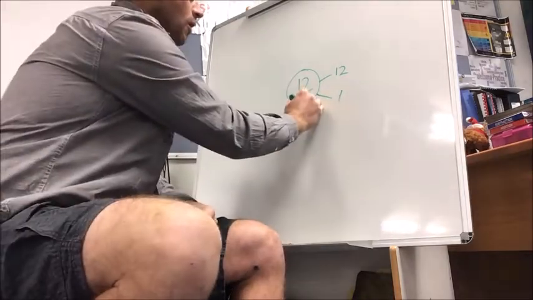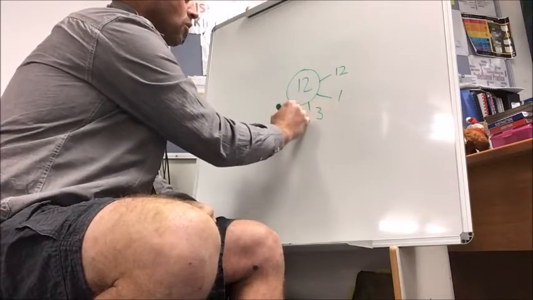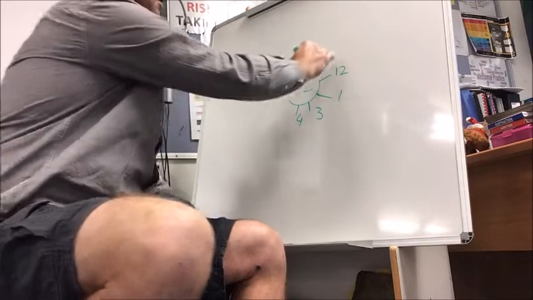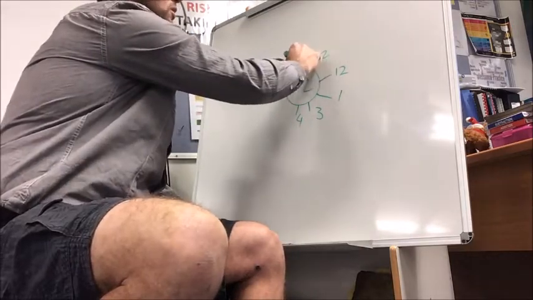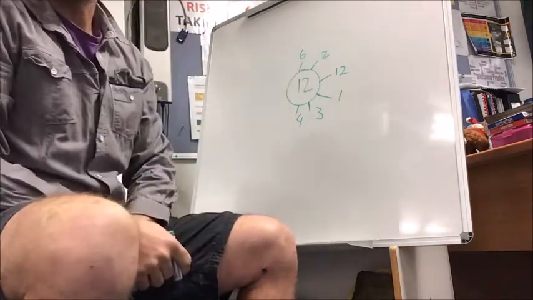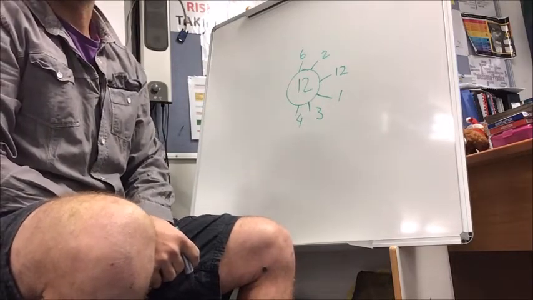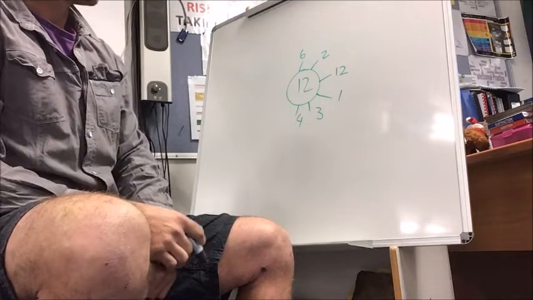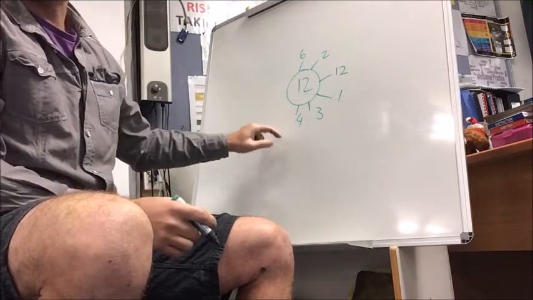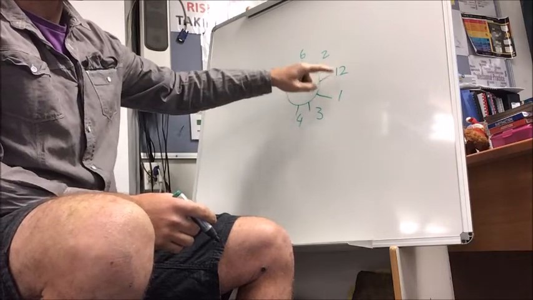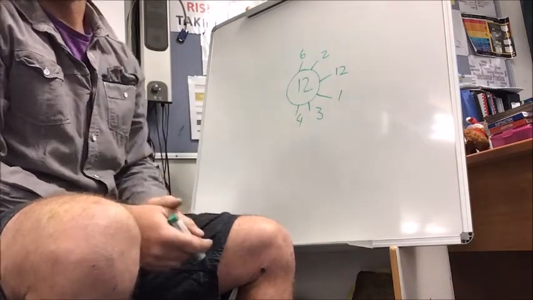All right, so I know 3 groups of 4 equals 12. I know 2 groups of 6 equal 12. Okay, now are there any other ones? No, that's it. So for example, if I say, what are the factors of 12? I would say 6, 2, 12, 1, 3, and 4.